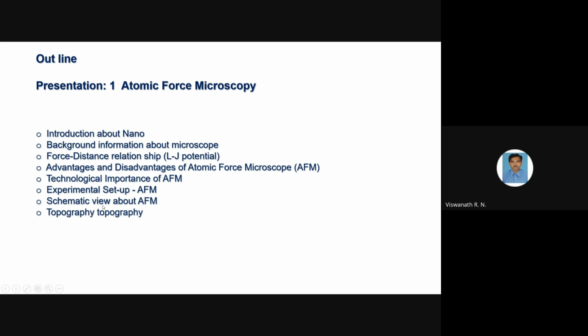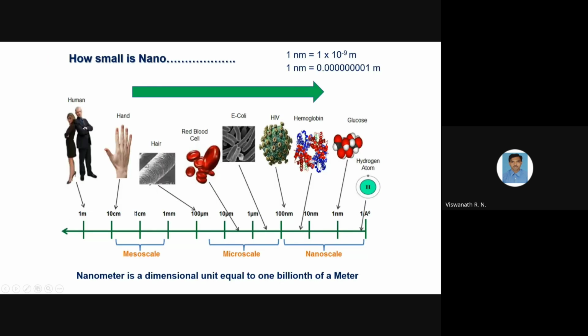Experimental setup, schematic view, and topography. Topography important. So here, I will put it in this slide in order to understand why the techniques are very important. Because normally the microscope, why we use it, is to see an object which is very difficult to see through our naked eye.